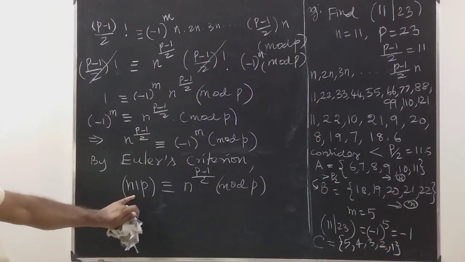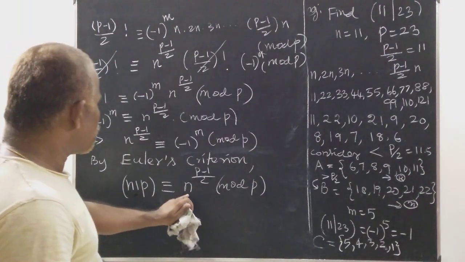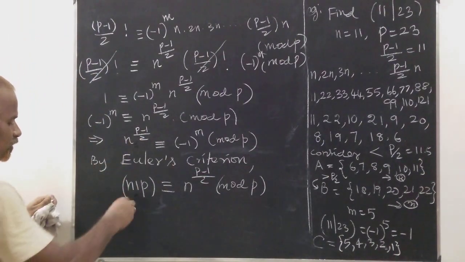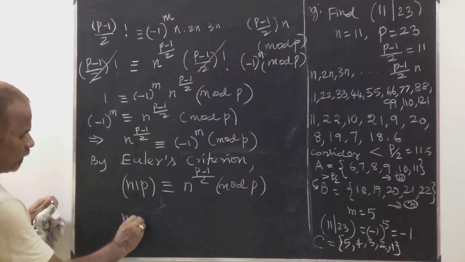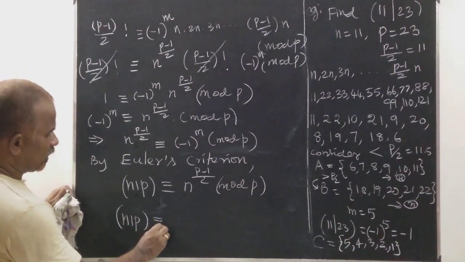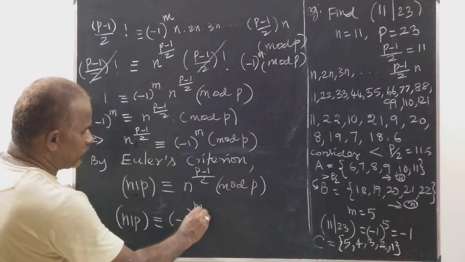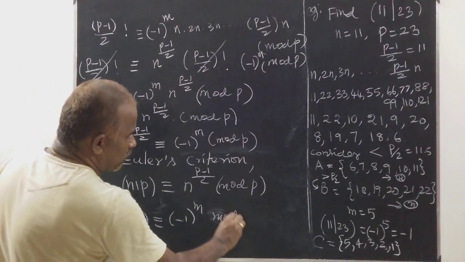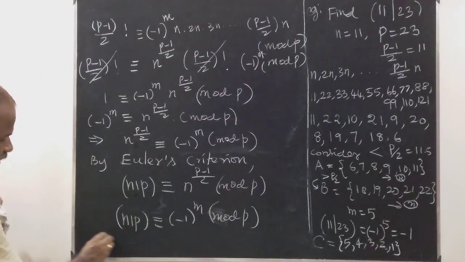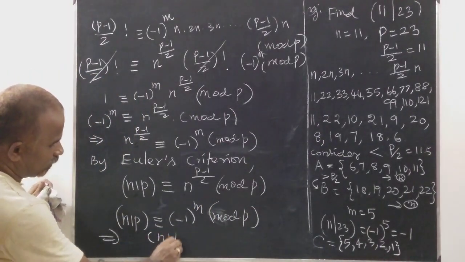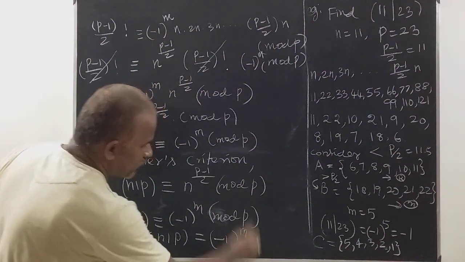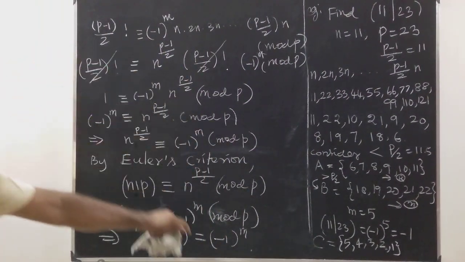So therefore this becomes (n over p) is congruent to minus 1 power m mod p. So this implies (n over p) is equal to minus 1 power m. So hence the Gauss lemma.